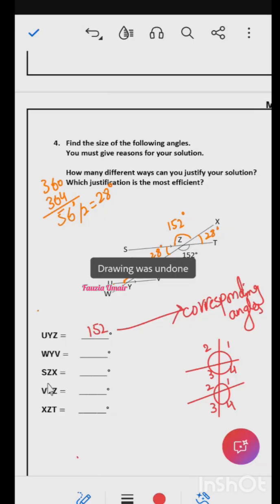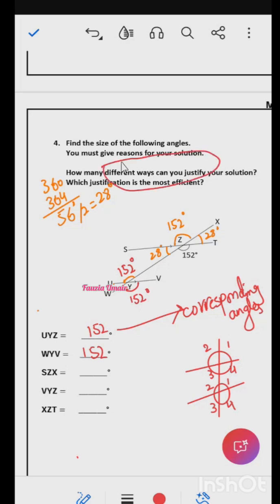So now let's look at WYV, the lower angle. If this is 152, it will also be 152. अब देखें इसके लिए there are two reasons, because they said in how many ways you can justify your answer.